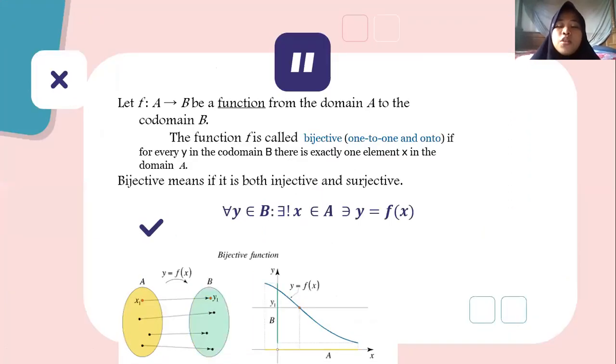The next is the bijective function. Bijective means it is both injective and surjective. Let f from the domain A to the codomain B be a function.